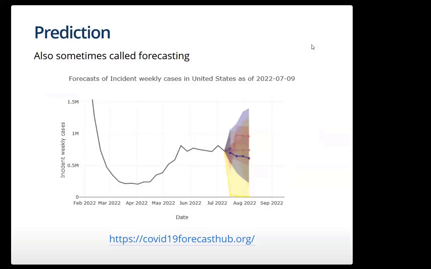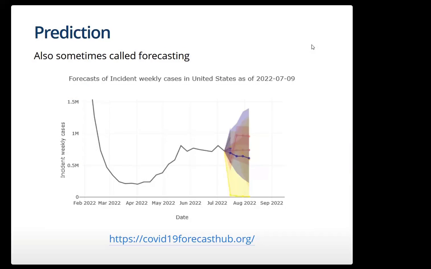I'm showing here a population-level example because it's something you're all familiar with. You might have even seen it during the last few years of COVID. There was quite a lot of interest in trying to predict what's going to happen a week, 2 weeks, a month from now. At some point, a few months into the COVID pandemic, several teams organized themselves, and the CDC was involved as well, and started regularly publishing forecasts.